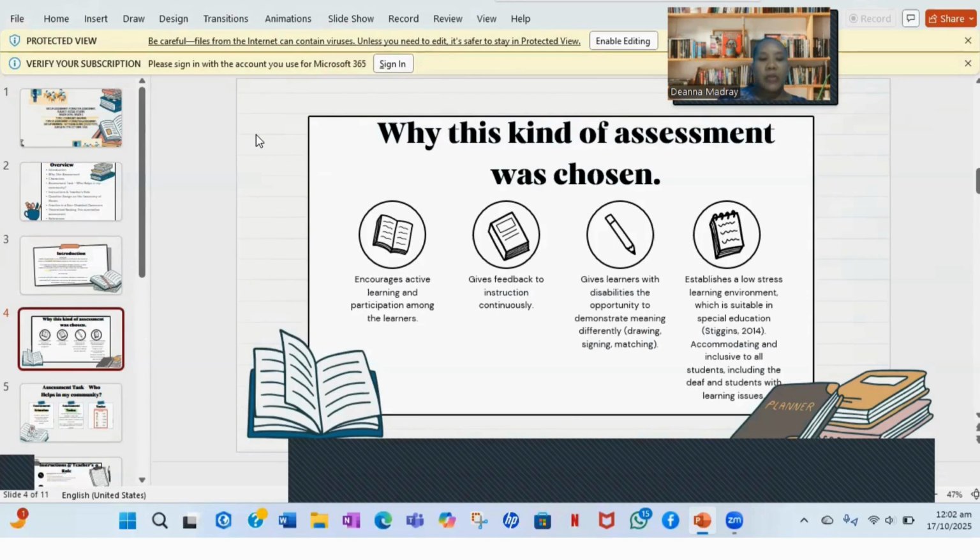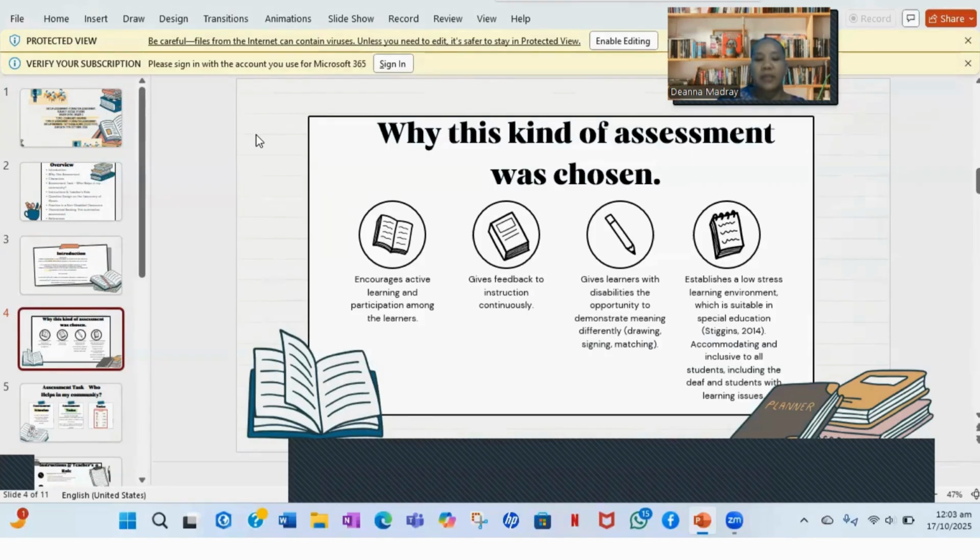We can move beyond only written answers. We can embrace methods like drawing or creating a visual model, signing or verbal explanation, matching or certain activities. As Tomlinson 2017 noted, this is necessary to establish the strengths and learning requirements in special education.